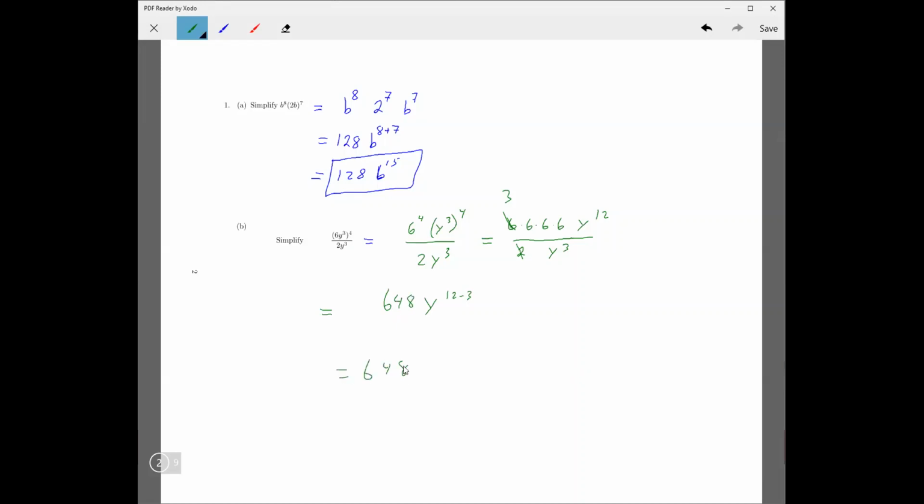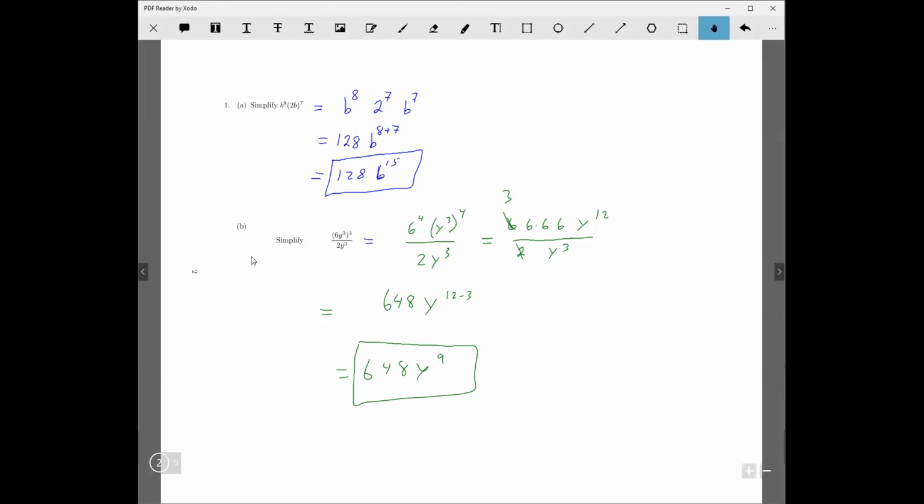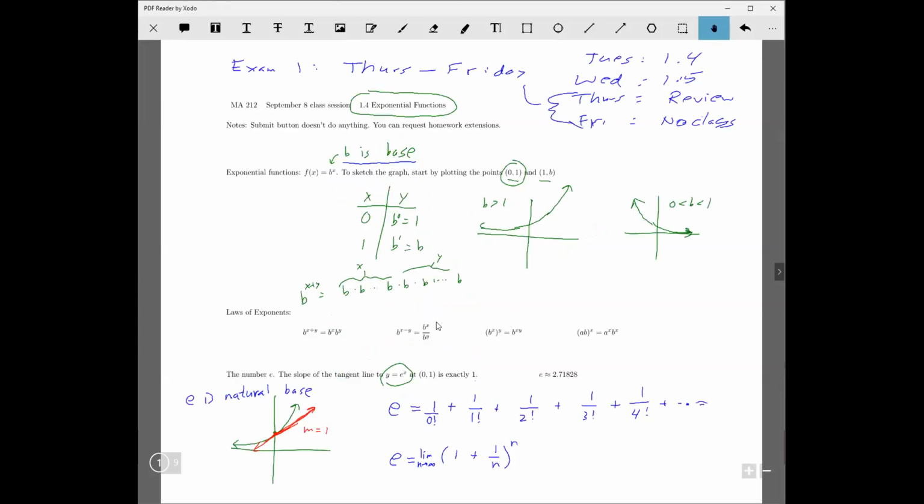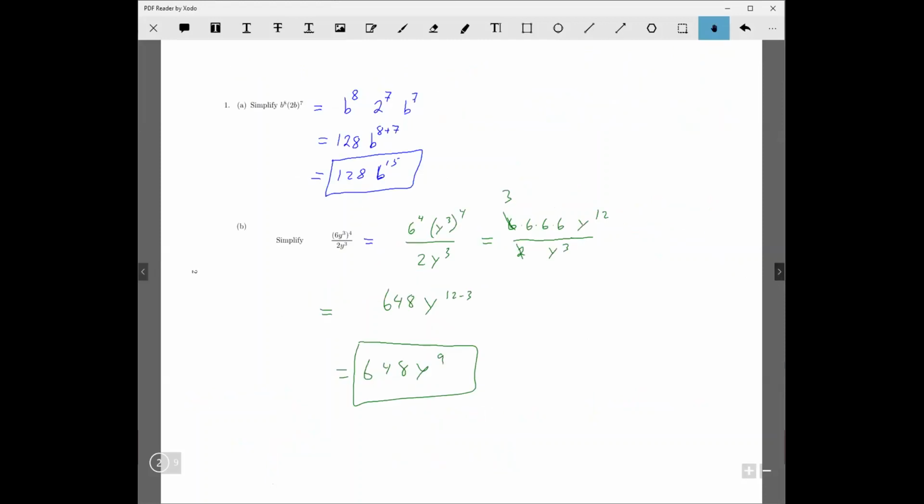So 648 y to the 9th. Just using the property of that last one, y to the 12th over y to the 3rd, I used this property here. Okay, does anybody have any questions about anything?